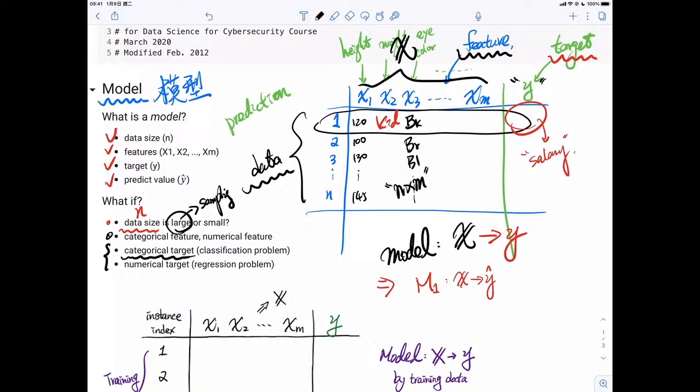This category could be something like high, medium, low, or class A, class B, class C, or brown eye, blue eye, black eye.